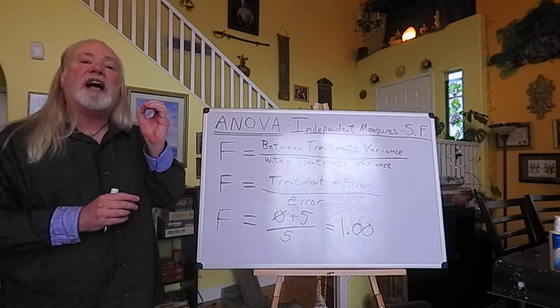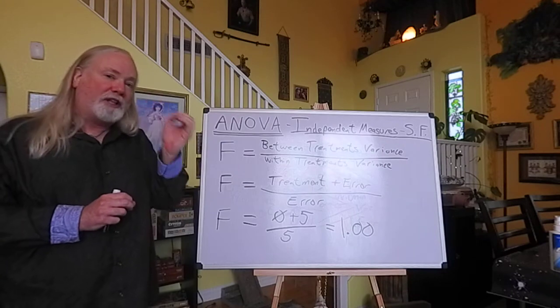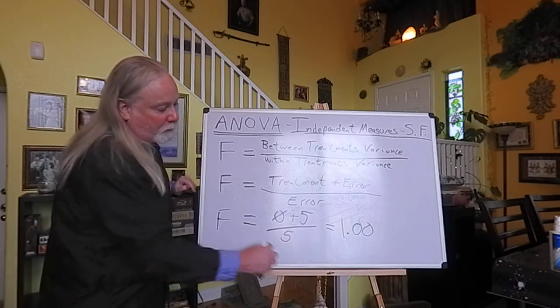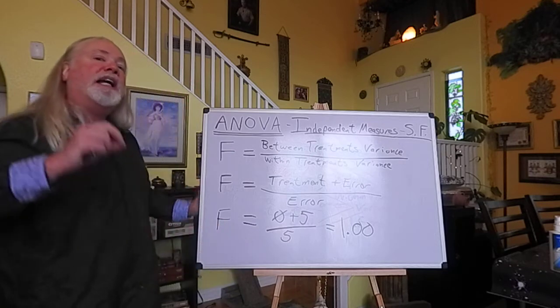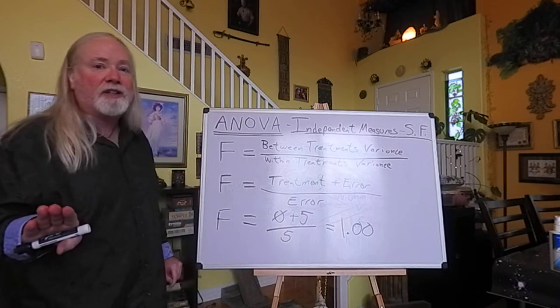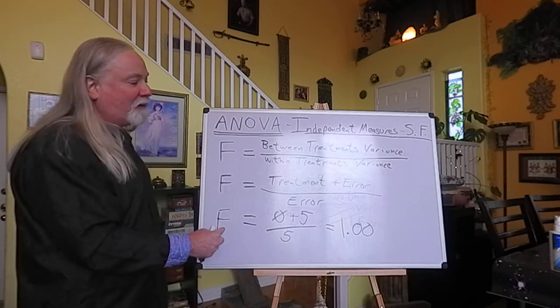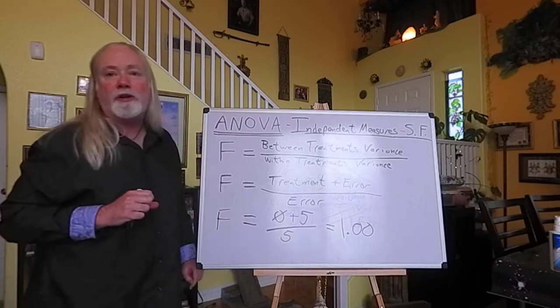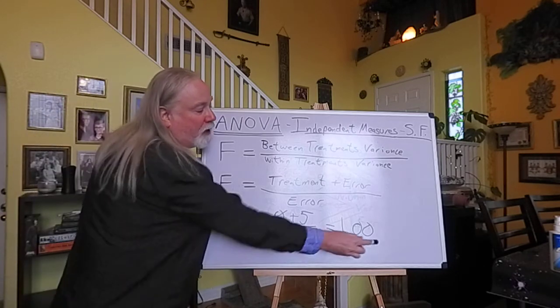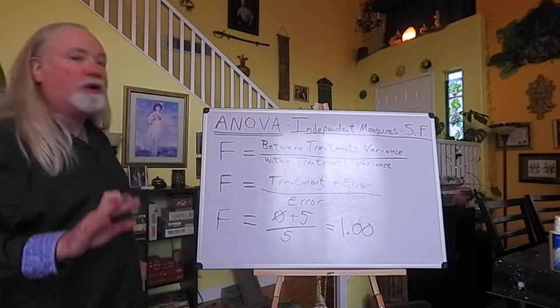If there's no treatment effect, we should be at a 0. But for ANOVAs, because of the quirks of this math, if the null hypothesis is correct and there is no treatment effect, on average, we're expecting an F ratio of 1.00. And again, it's a statistic value, so it's always to hundredths place, whether it's a whole number or not, right?